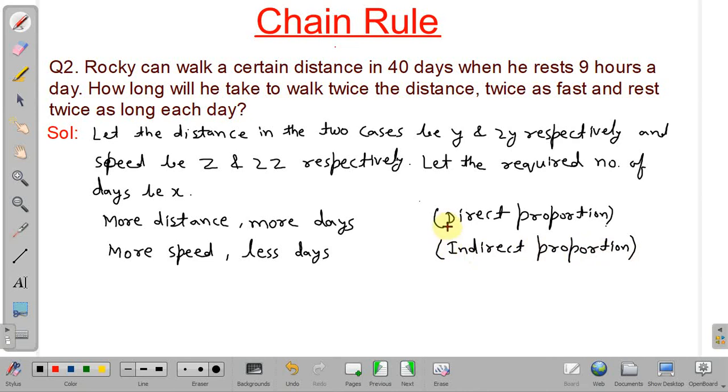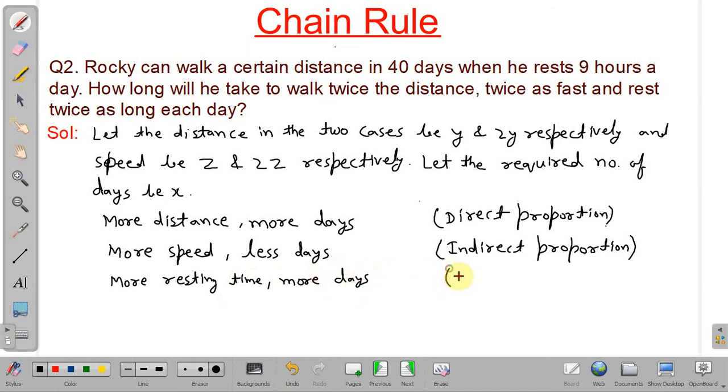Next quantity is resting time. More will be the resting time, less hours will be walking time. So less walking time, less distance will be covered, or we can say less walking time, more days will be required. So more resting time, more number of days will be required.